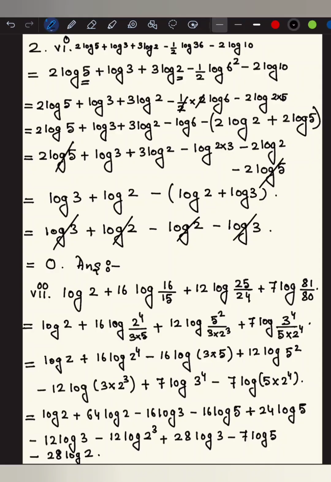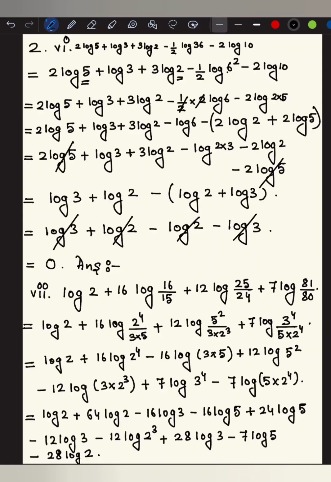You just need to know how to do it, and you just need to solve it. You just need to go with the flow, and then you will be able to do it. Another thing is that you need to be aware of the terms that are given. Just like here, log 5 was given, 2 log 5, that is why I broke this 10 into 2 into 5.